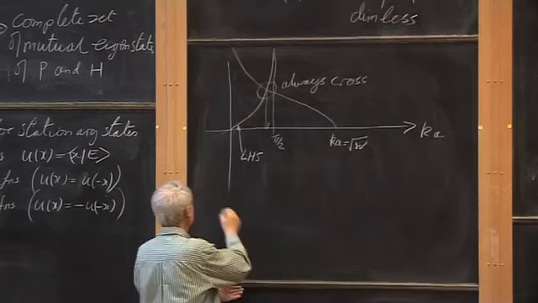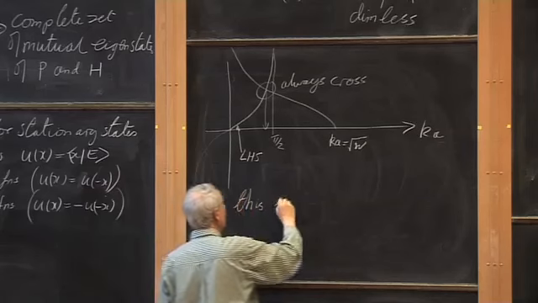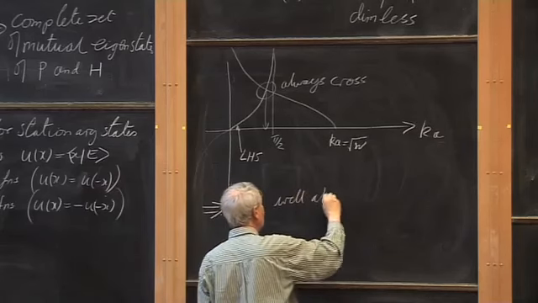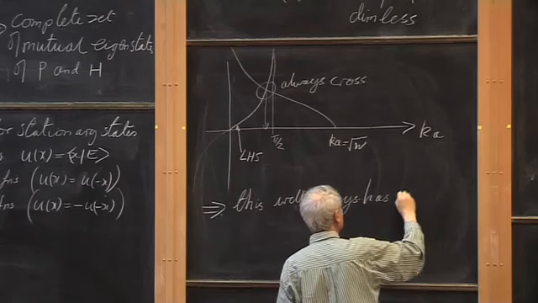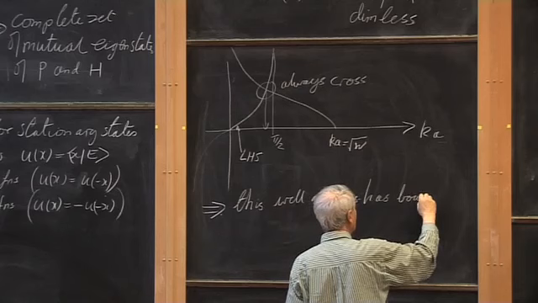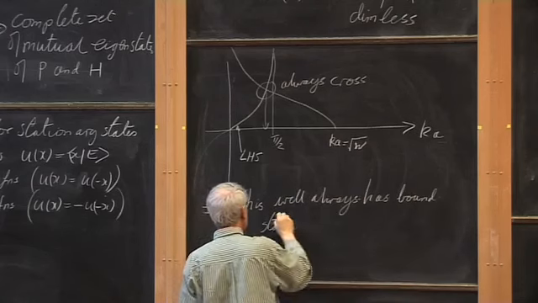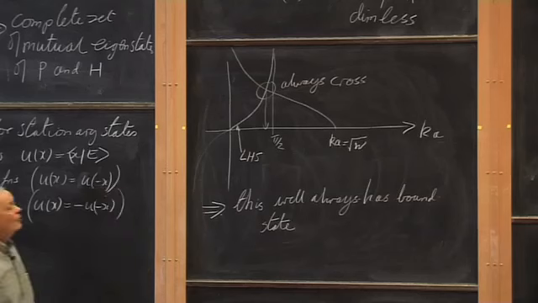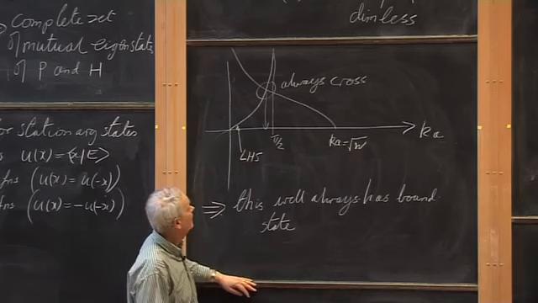So what we've just learned is that this well always has a bound state. It doesn't matter how shallow the well is or how narrow the well is, it always has a bound state because these two curves always cross.